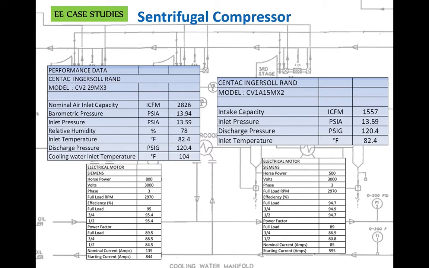We know that centrifugal compressors are quite popular for medium up to high air demand. For medium up to high demand of compressed air, it is mostly served by centrifugal compressors.